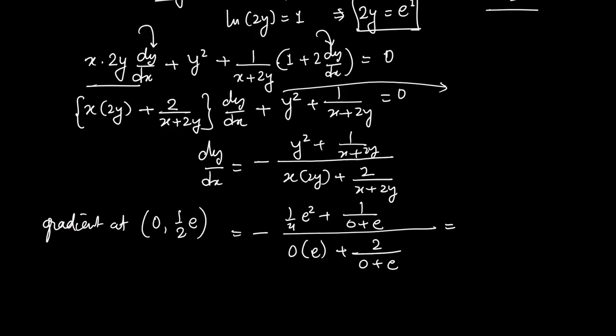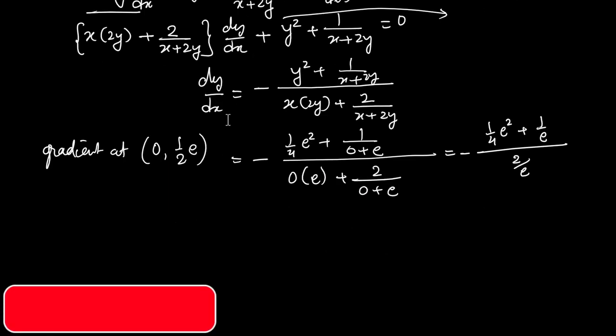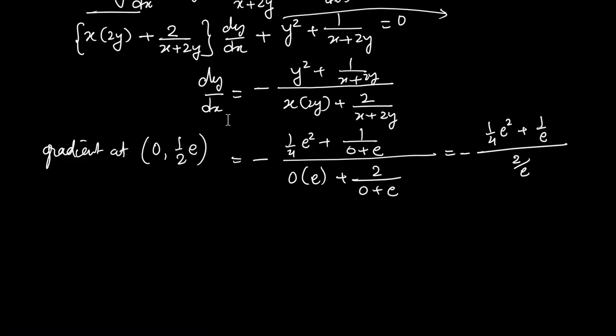So if we simplify this, we get 1/4 of e to the power 2 plus 1 over e, divided by 2 over e. Now we have 4 and e here, and the denominator is also e, so we can make the same denominator and cancel out e.